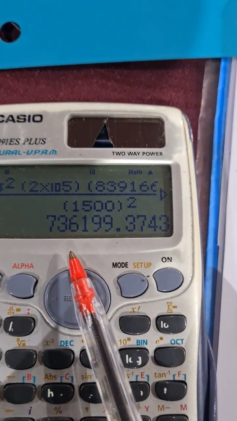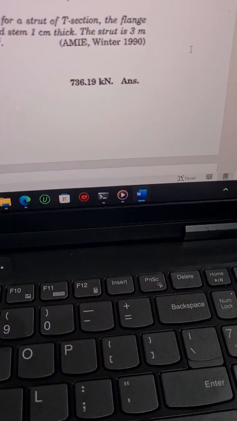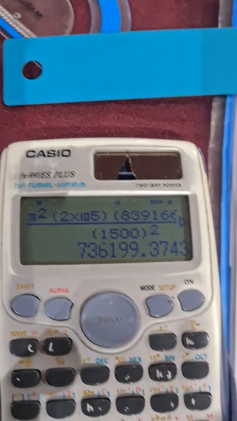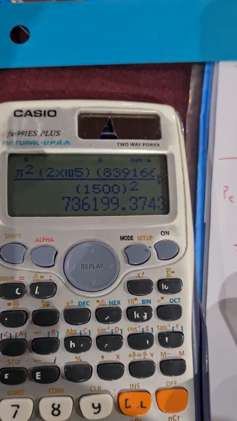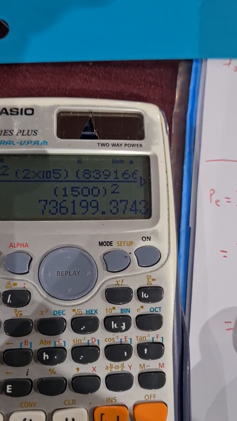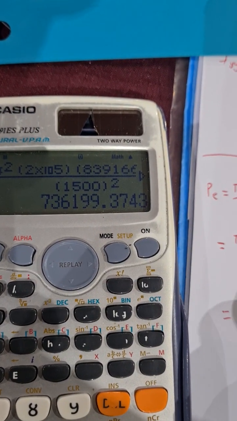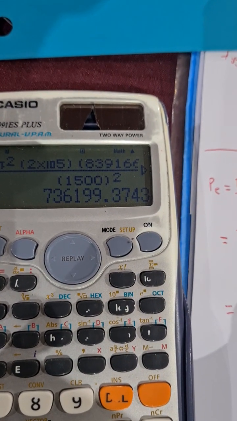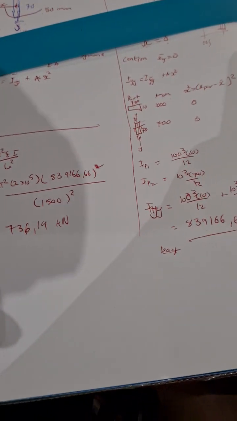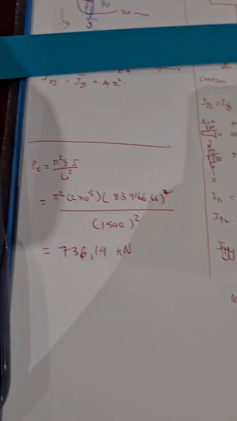So yeah, it's the same. So this one, notice kilo, this is one. So the answer is what? 76.9 kilonewtons, if you like, or just write the whole and say Newton, unless the question states otherwise. So this is the P we are asked.